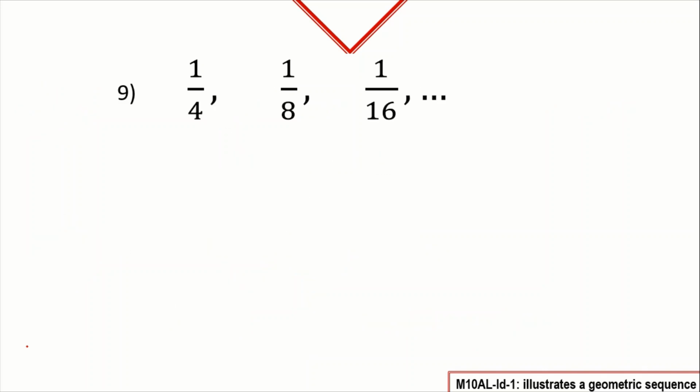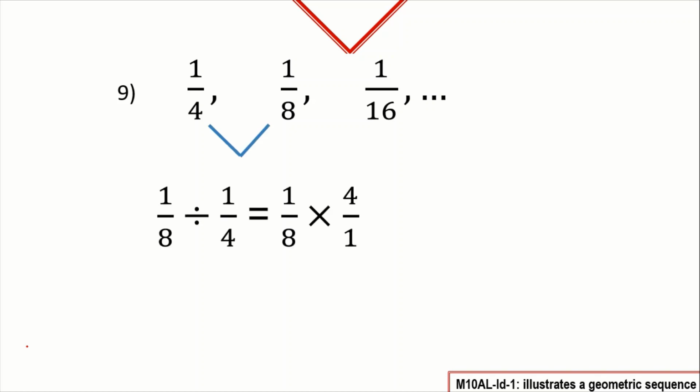Let's have example number 9. 1/4, 1/8, 1 over 16. Okay, kunin natin ang ratio between the terms. So, paano ba pagka fractions lang given? So, simulan natin with second term divided by the first term. So, ang mangyayari is 1/8 divided by 1/4. Pag nagdi-divide tayo ng fraction, ang gagawin natin is we get the reciprocal of the second fraction, then proceed to multiplication.